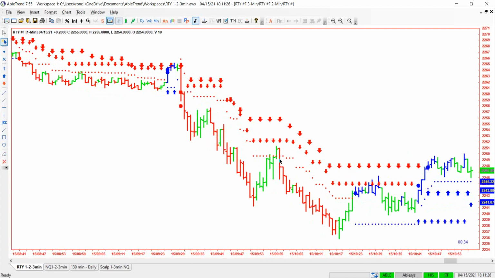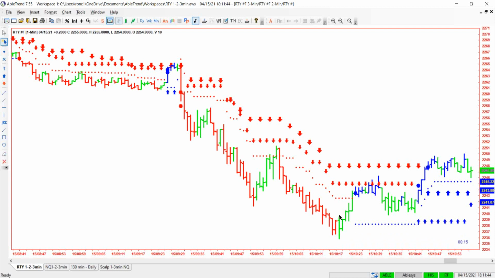So there's a red bar, there's a red dot, there's a red 2-minute signal, red 3-minute sell signal, red 1-minute sell signal. I mean, it's just screaming at us to go short right there. Down it goes immediately after the AbleTrend gave the signal. A couple seconds later, that's exactly when it went down. There's the 2 greens.